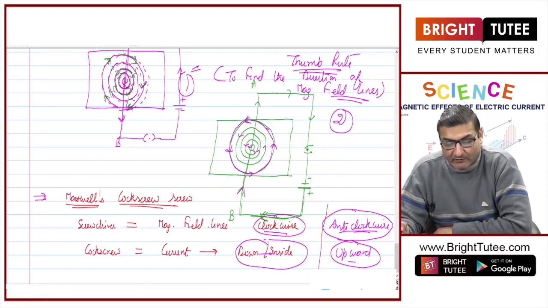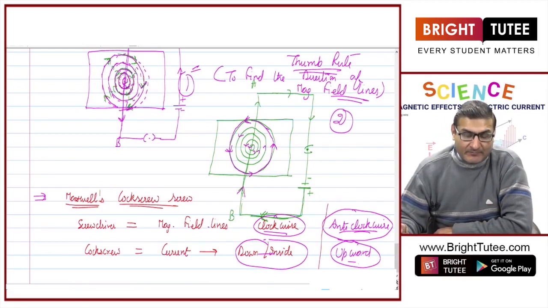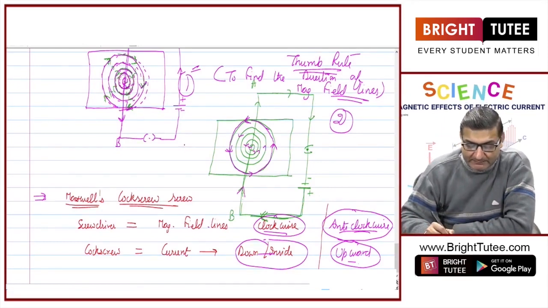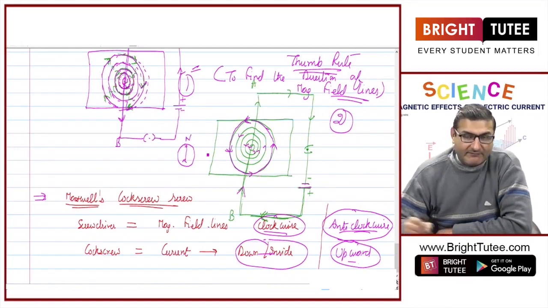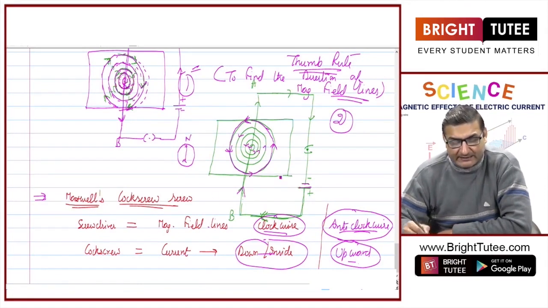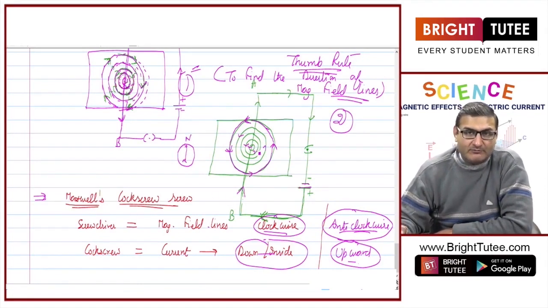Now we perform a different activity. What we do is we will just place a magnetic compass here. It was pointing towards north. When we switch it on, there will be a deflection in the compass needle, of course. Why? Because magnetic field lines are getting produced.